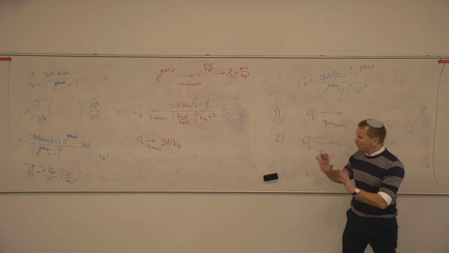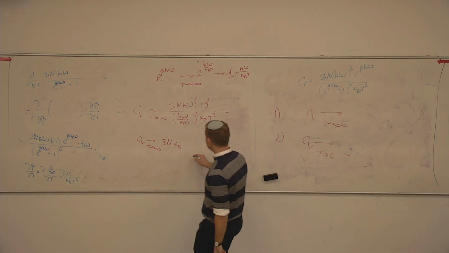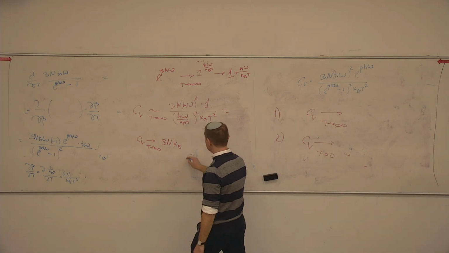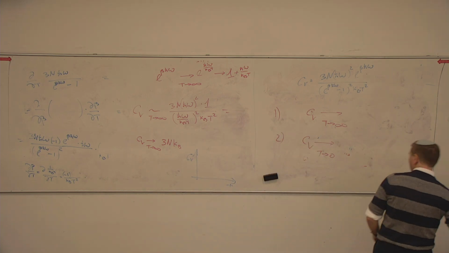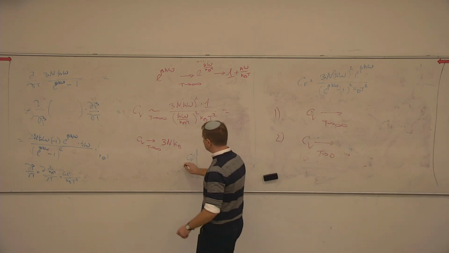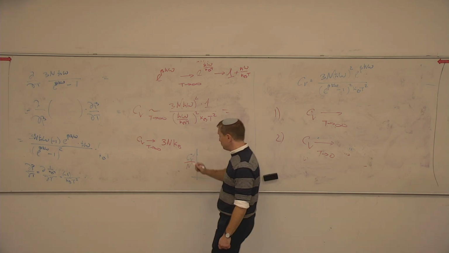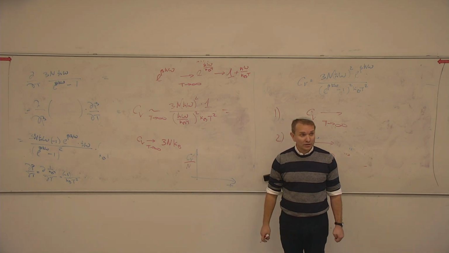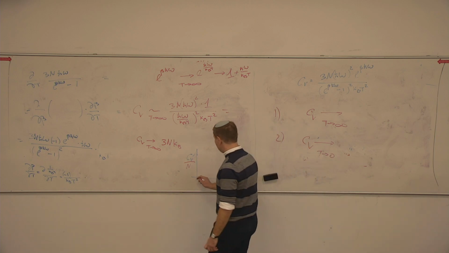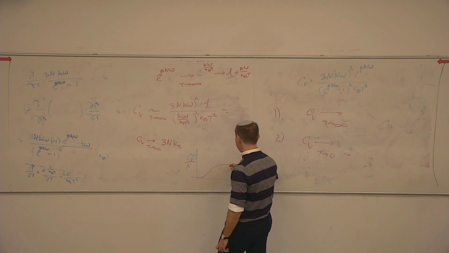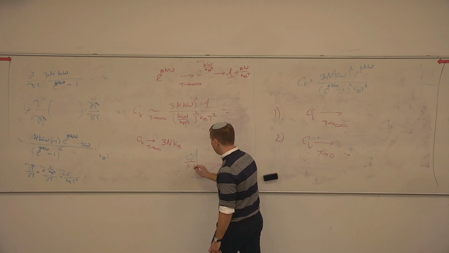So for the Einstein model, what we calculated so far: if this is CV, and this is the temperature, and we divide it by the size of the system, which we can assume is N, we know that this constant is just 3 k Boltzmann.